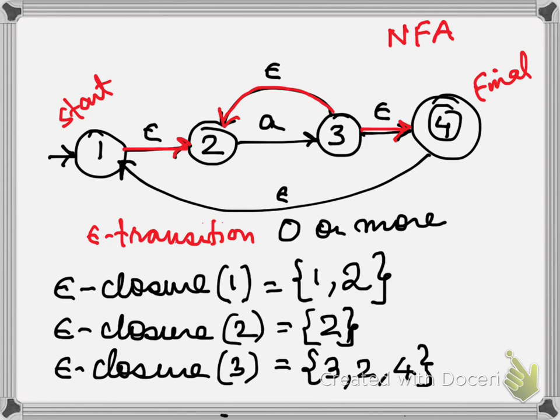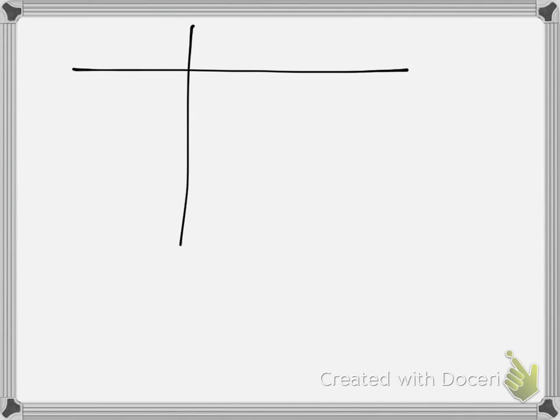Finally we have the last state, that is 4. The epsilon closure of state 4 will include 4 itself. Anything else? Yes, from 4 on epsilon I can go to 1. So it is 4 and 1. These are the epsilon closures for the different states 1, 2, 3 and 4, and we can write them in the form of a table. I have the states here and the epsilon closure here.